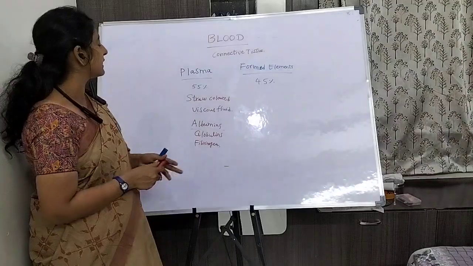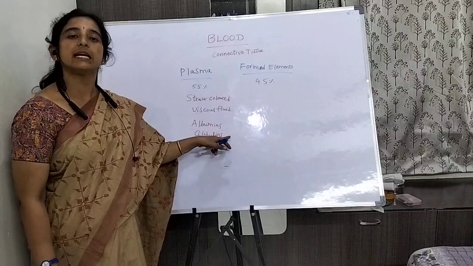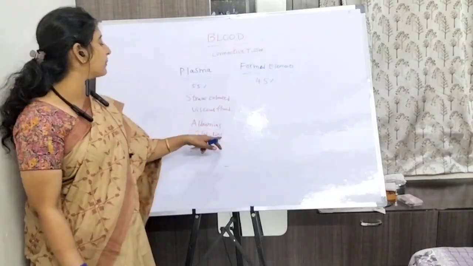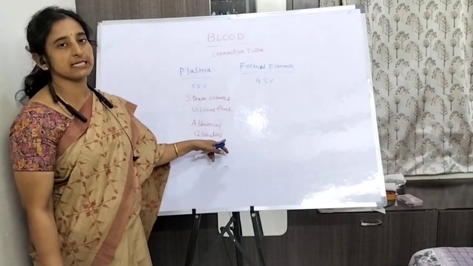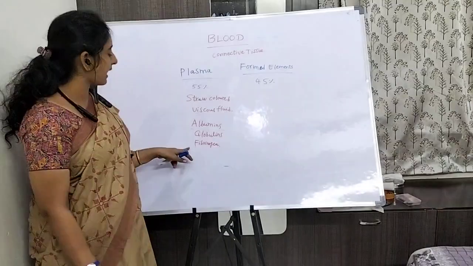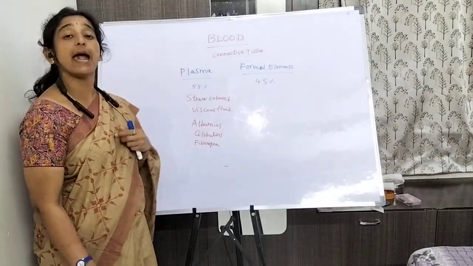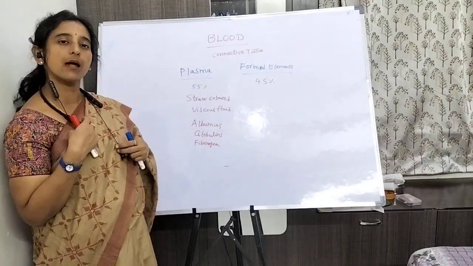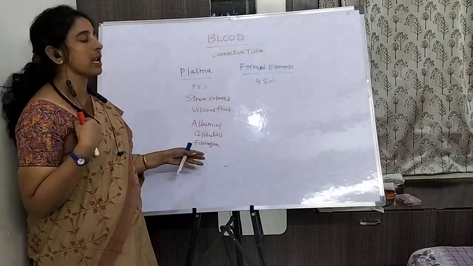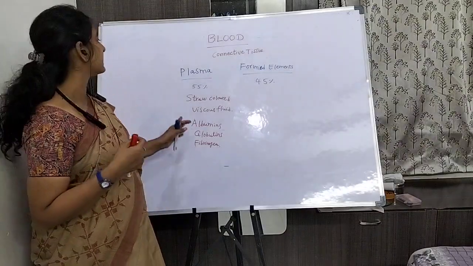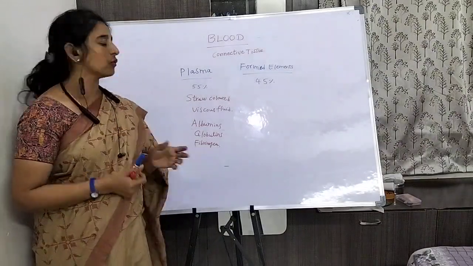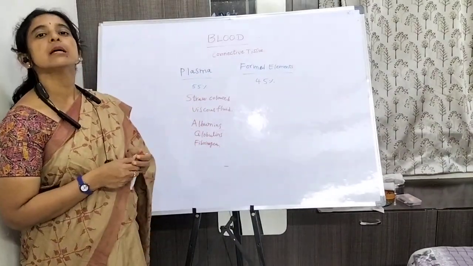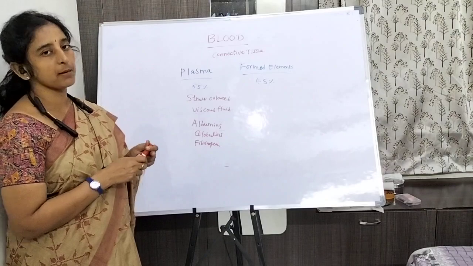Albumins maintain the osmotic balance, globulins act as a defense mechanism, and fibrinogen acts in clotting or coagulation of the blood. Fibrinogen and prothrombin are also present inside the plasma. So this is the basic information about the plasma.